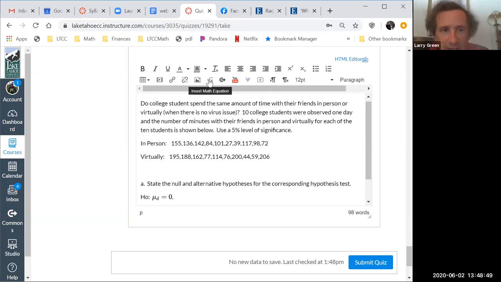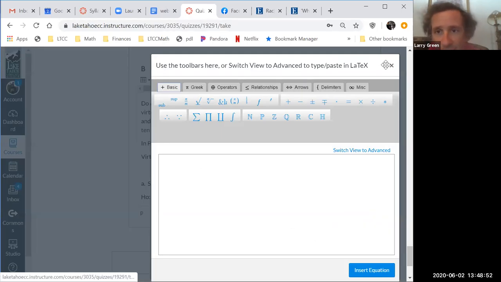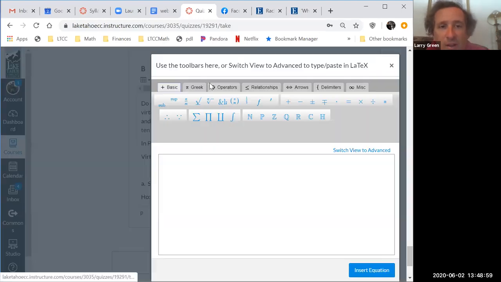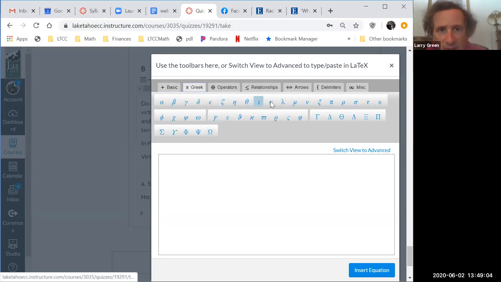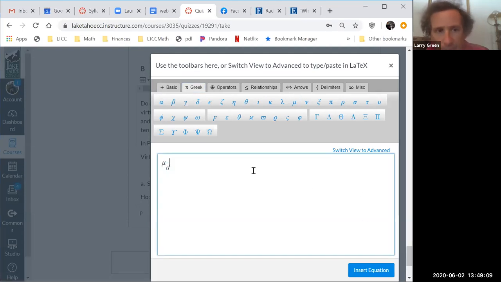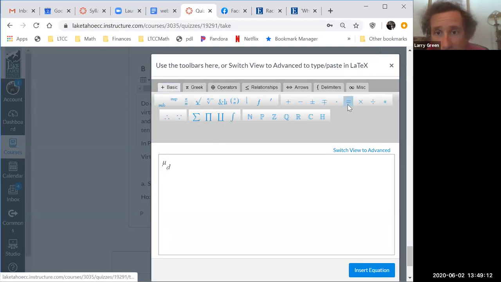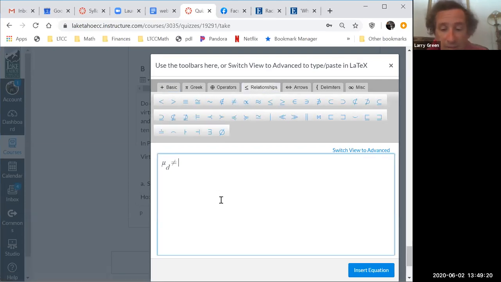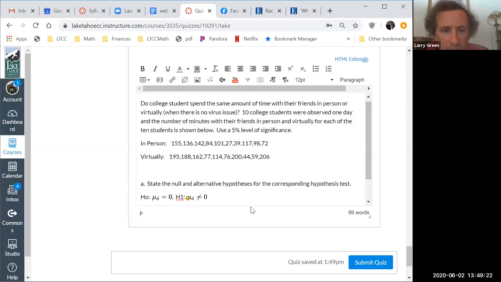So H1 is mu sub D is not equal to 0. Any questions on this?